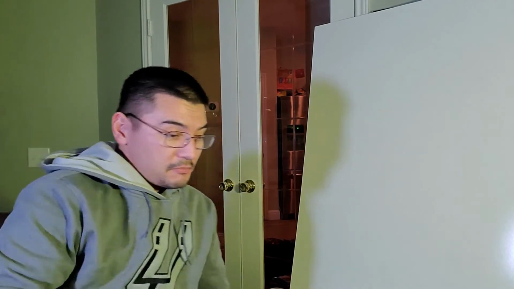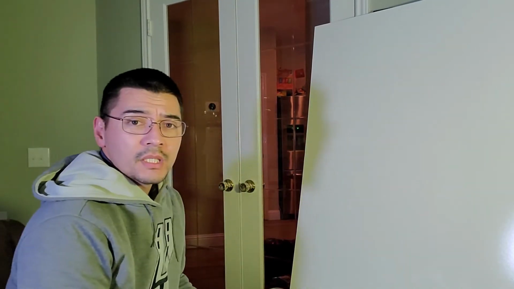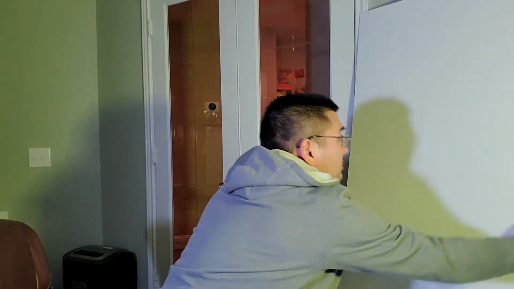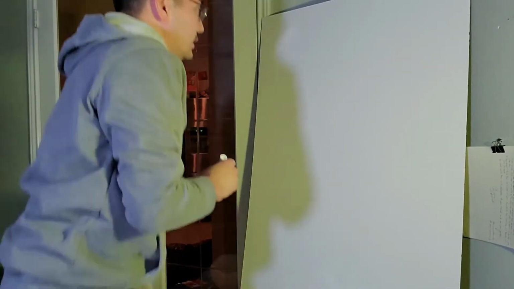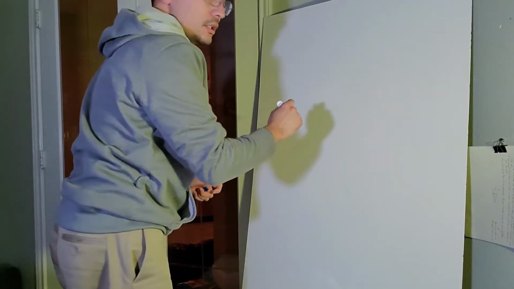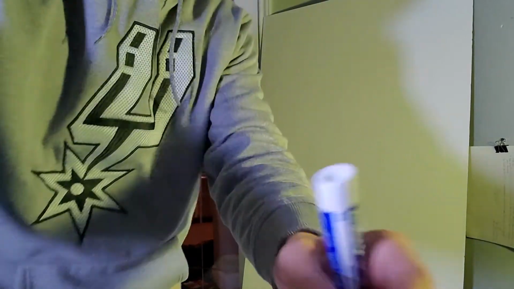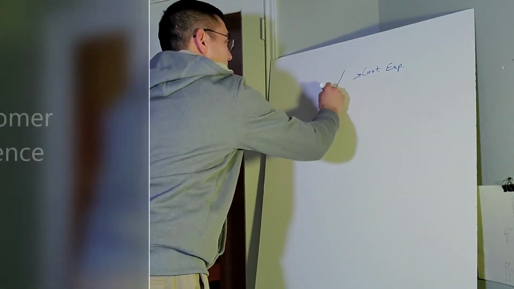Okay, anyway, I'm going to show you something that I've been thinking about for a while. And this is kind of how I troubleshoot kind of everything in the world. Okay, so the first thing I do is I start out with the customer's experience.